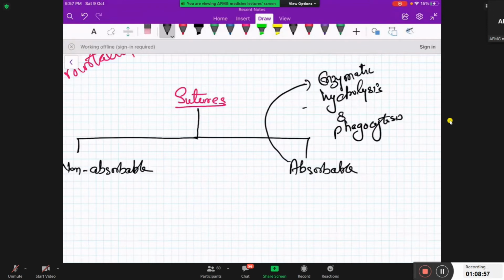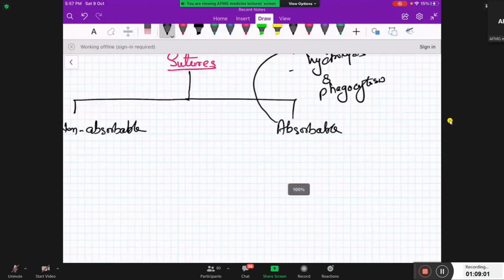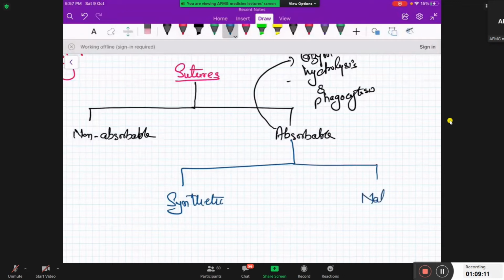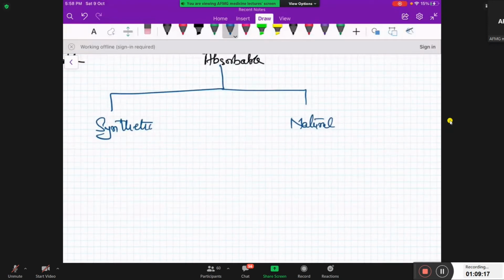Now, in absorbable sutures, we have further classification: synthetic and natural.